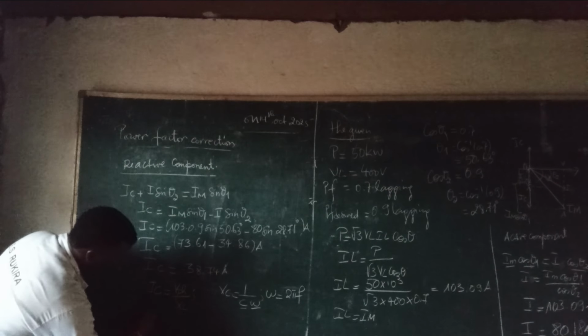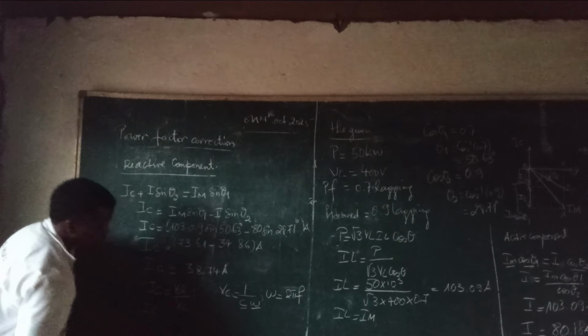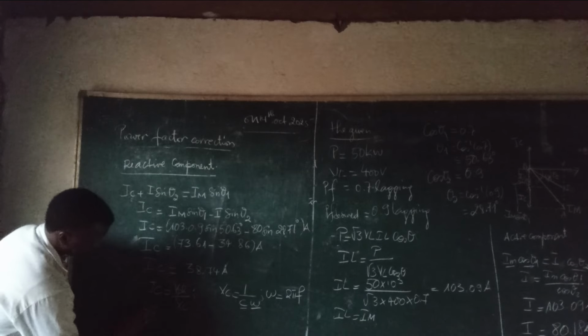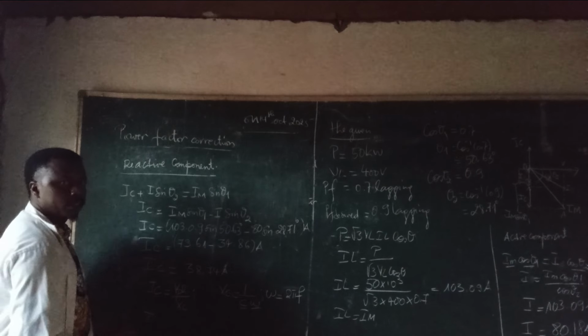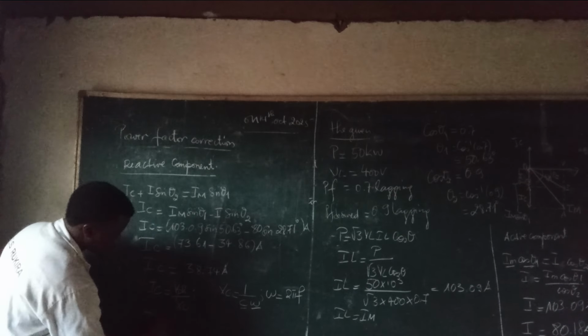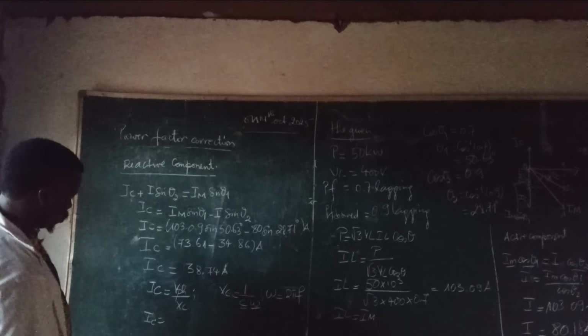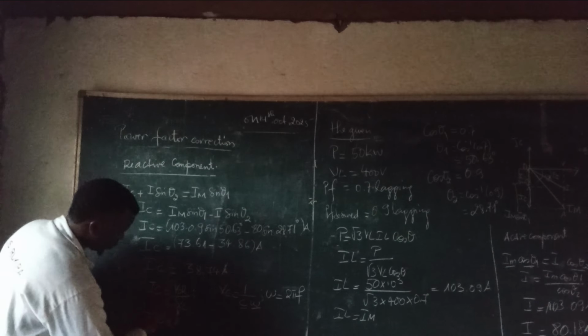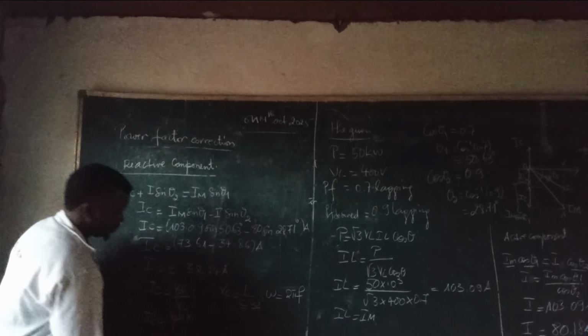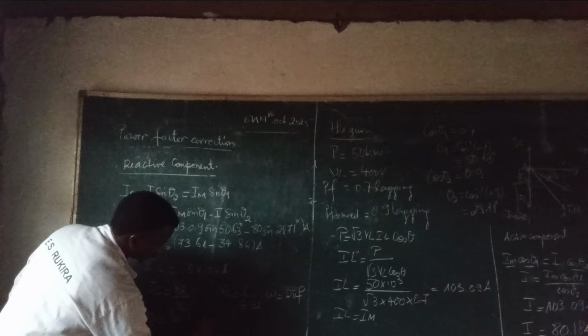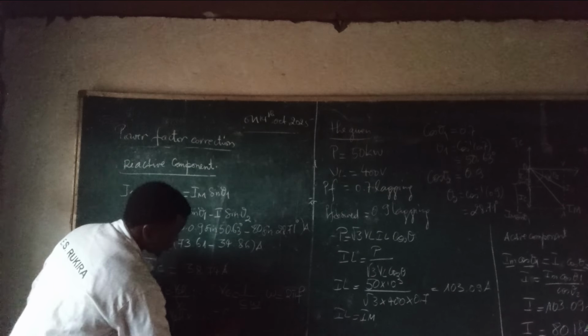Now, our IC will be equal to V phase times C times 2 pi F.